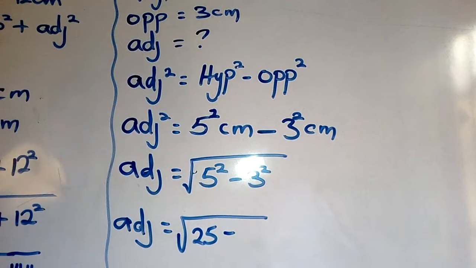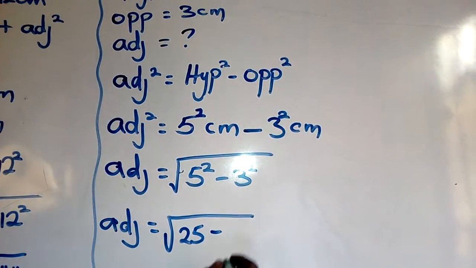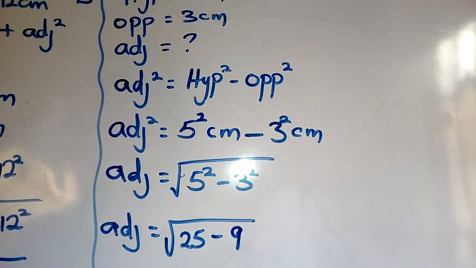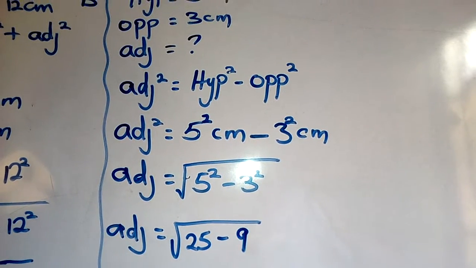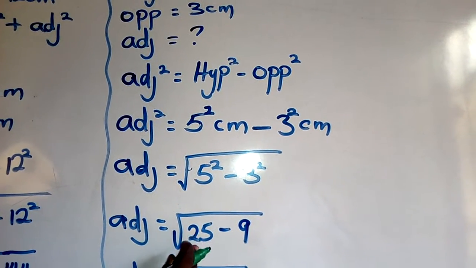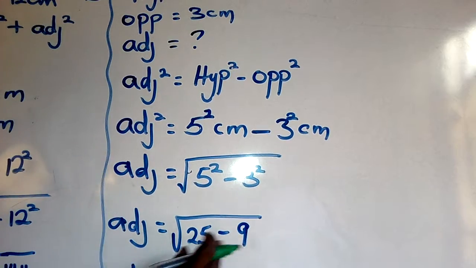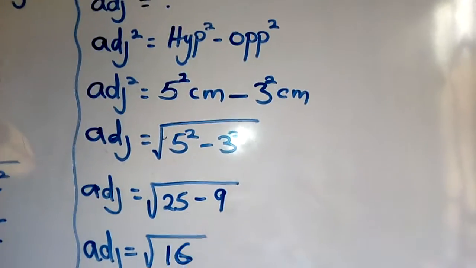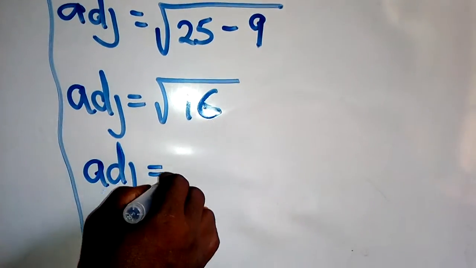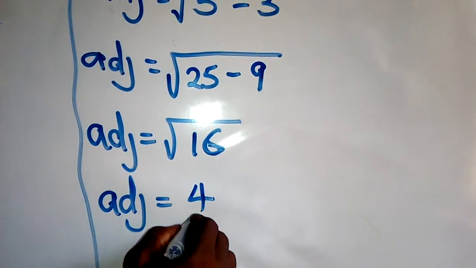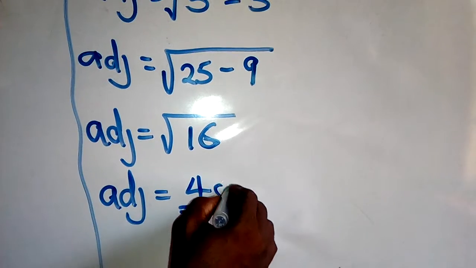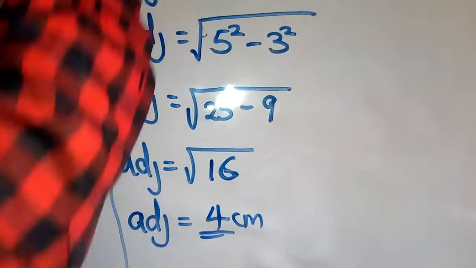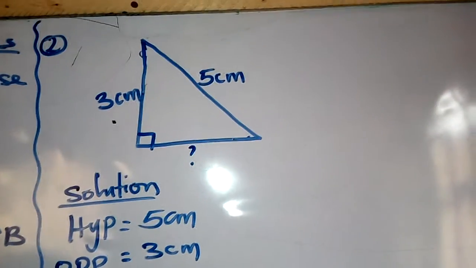Minus 3 square. 3 square is 3 times 3, which is 9. So your adjacent will now be 25 minus 9, which is 16. So the square root of 16 will now be 4. So your adjacent is 4 centimeters. Okay, so the unknown side there is 4 centimeters.